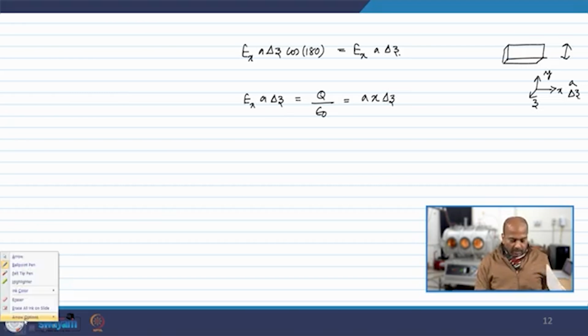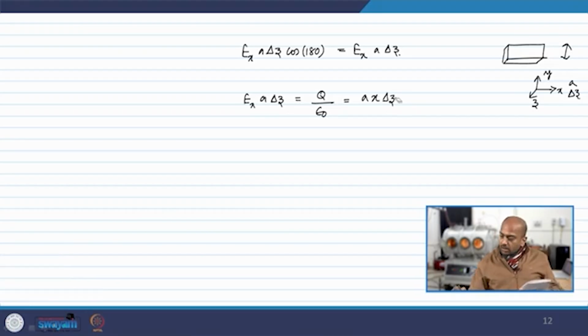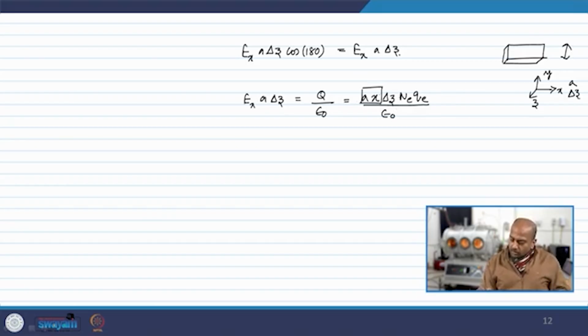Small a is the length along the y direction, x is the length along the x direction, delta z is the depth of this slab. So, a delta z x Ne Qe divided by epsilon naught. So, do not be confused. This product is written as capital A in the earlier slide. We are still in the same picture.